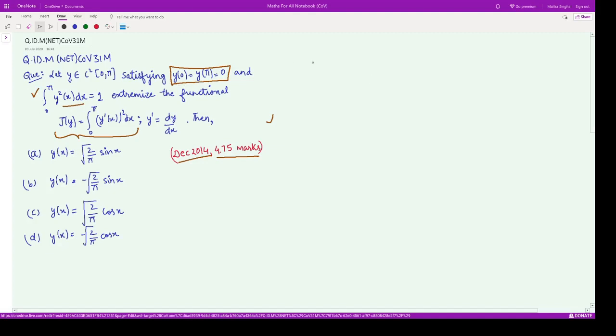So for that we have the Euler's equation modified in this form. Suppose if this is f and this is g, then our equation becomes the partial derivative of f with respect to y minus d/dx of the partial derivative of f with respect to y dash, plus lambda times the partial derivative of g with respect to y minus d/dx of the partial derivative of g with respect to y dash, is equivalent to 0.